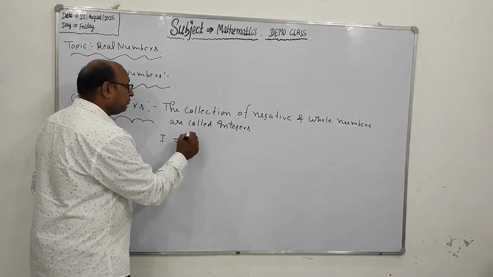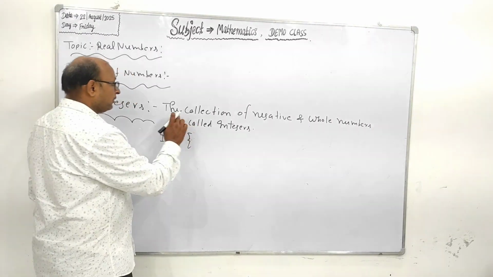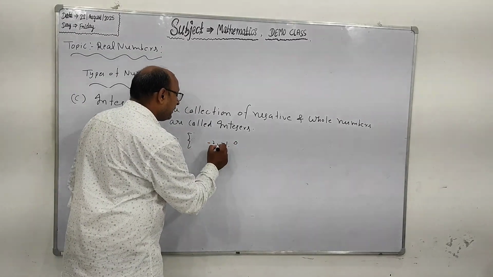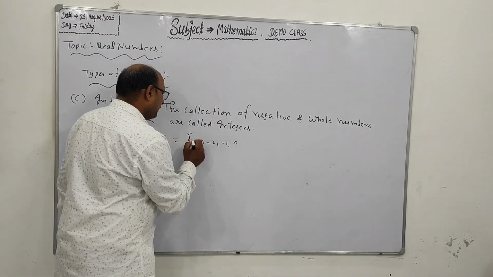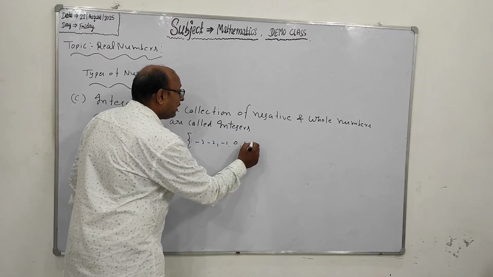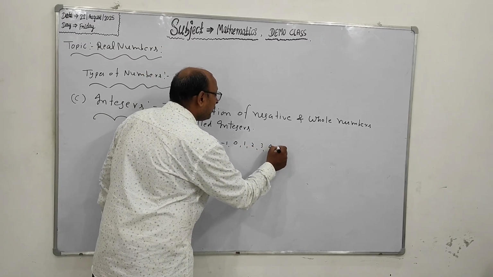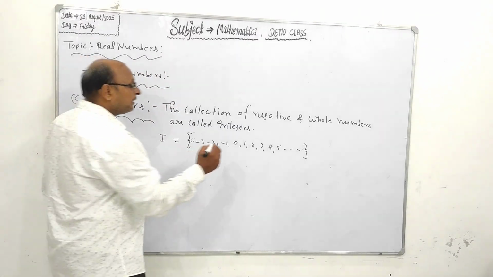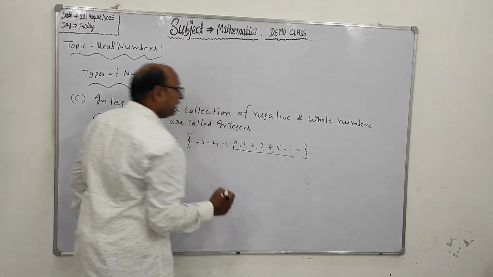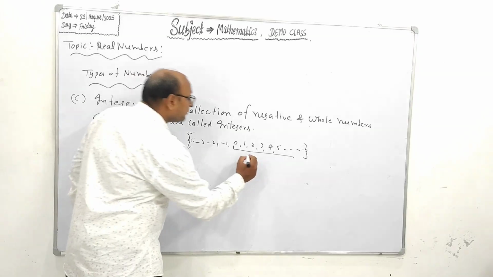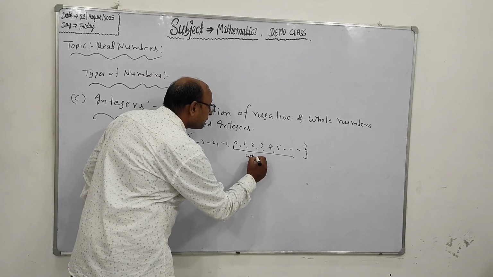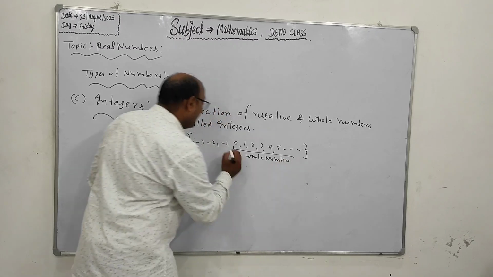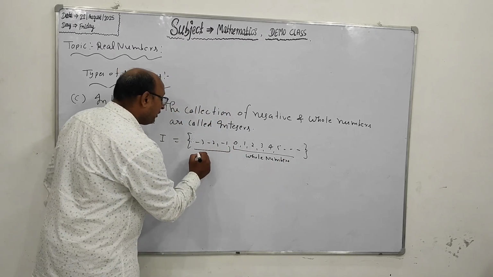I is equal to ..., minus 3, minus 2, minus 1, 0, 1, 2, 3, 4, 5 and so on. Students, you can see that this is the set of whole numbers, and this is the set of negative numbers.